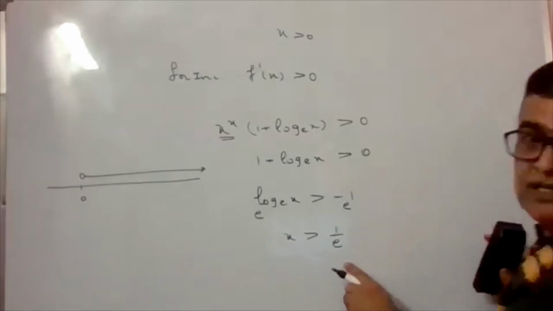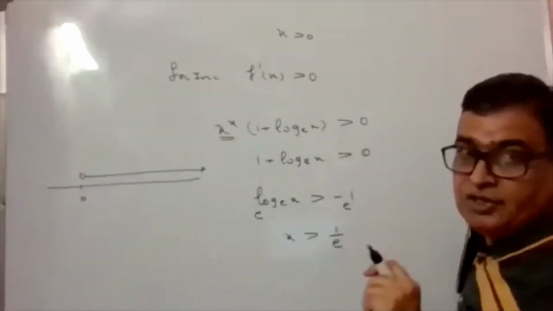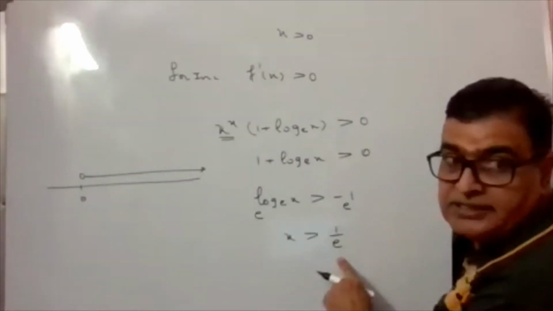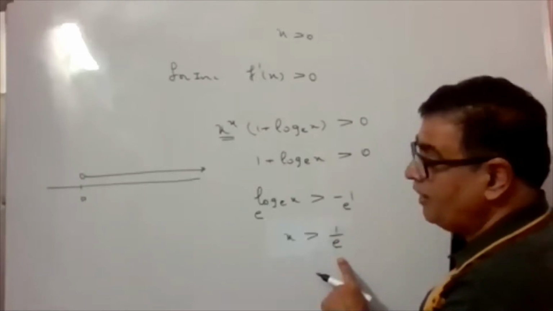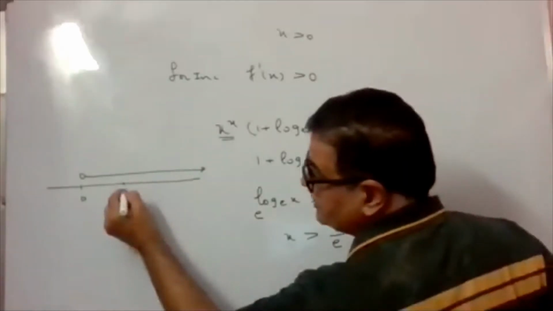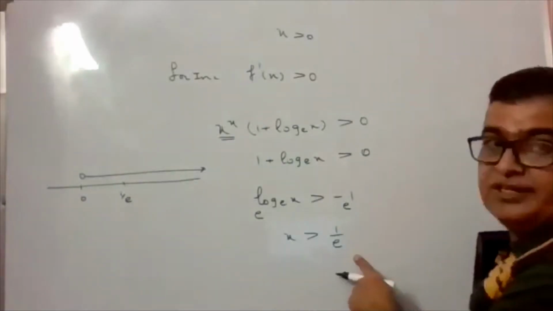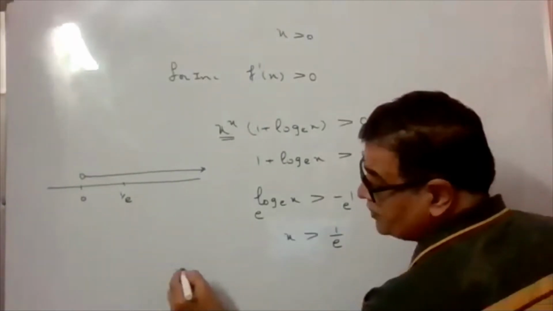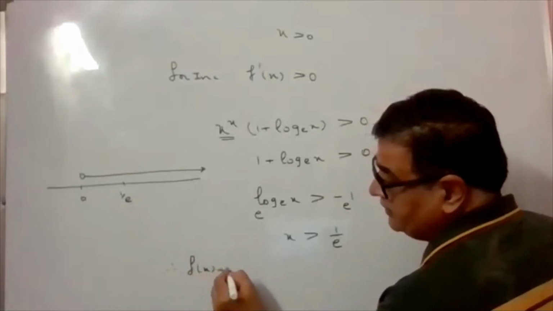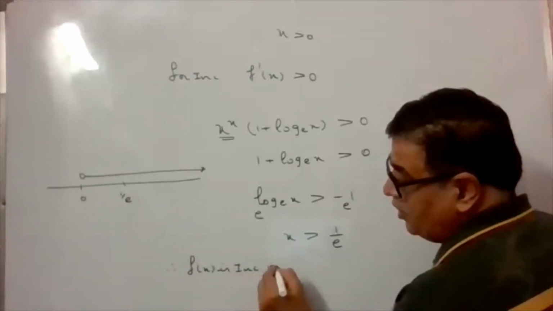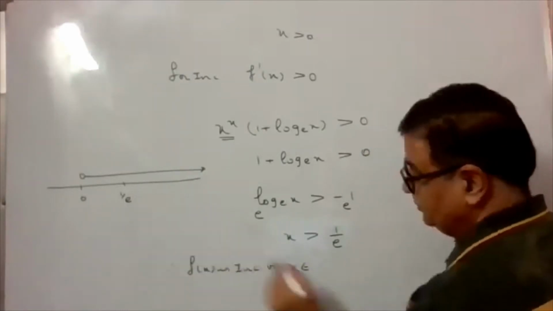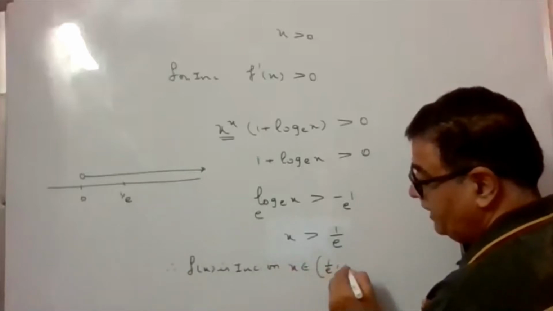Now 1 by e, when I take, it will be 1 by 3 nearly, because e is 2.7, so it is nearly 3. So 1 by 3 means 0.3, nearly; this is 1 by e coming somewhere here. Now it says x is greater than 1 by e. Therefore f(x) is increasing on x belongs to 1 by e to infinity.